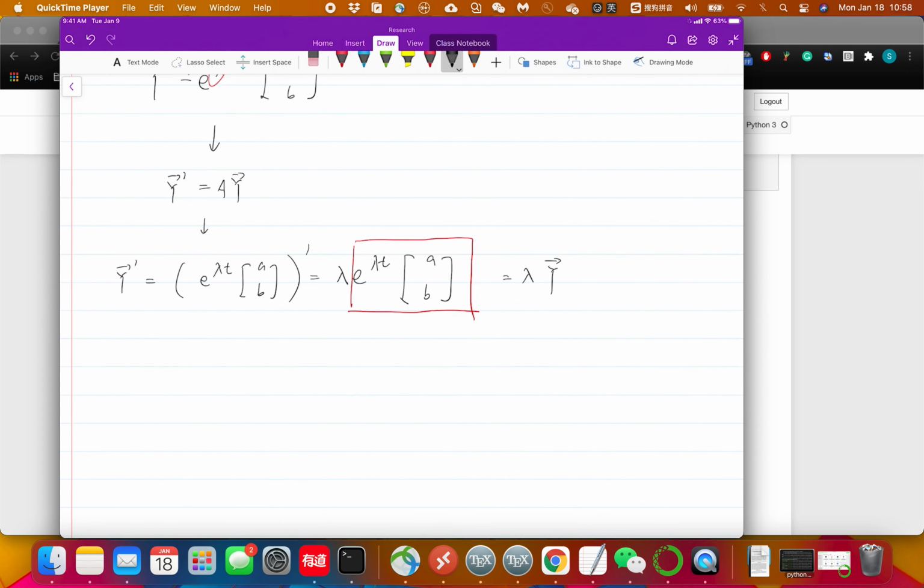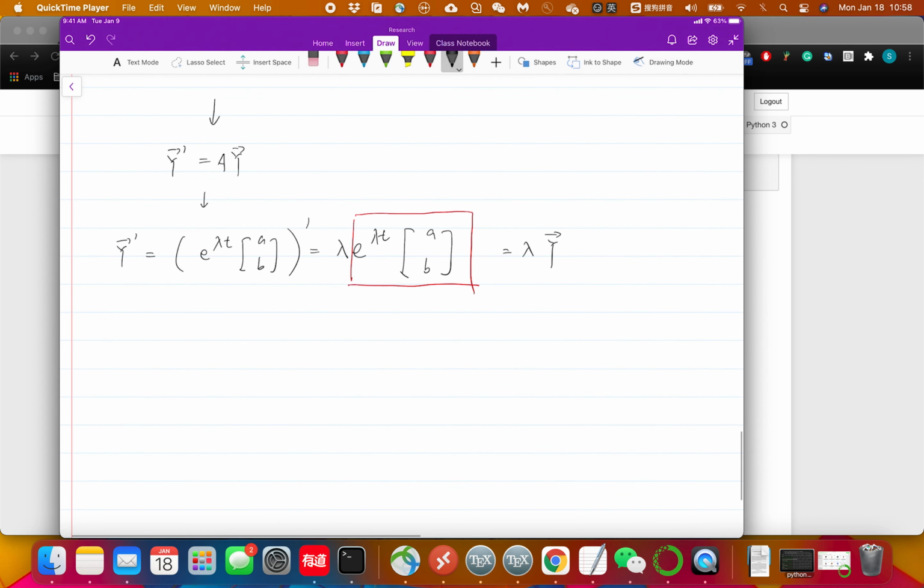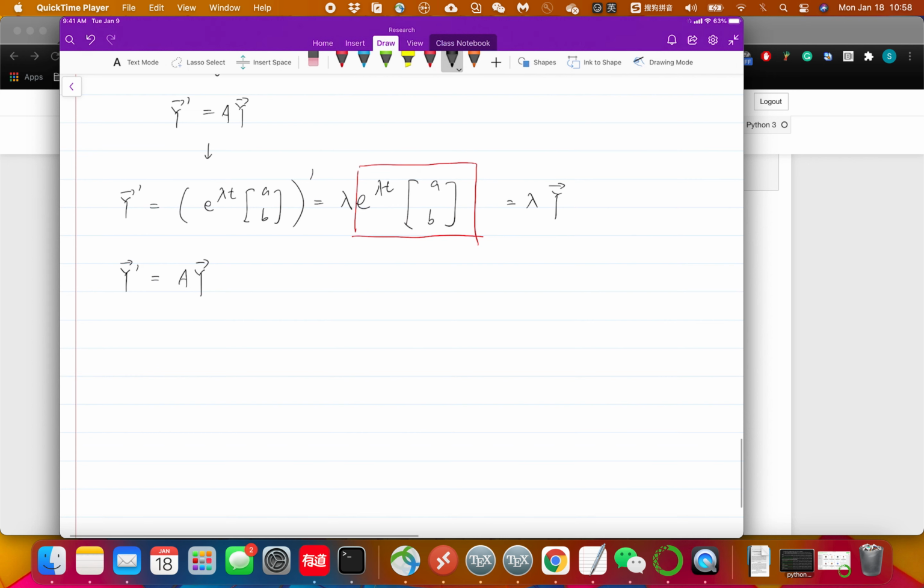Okay, so this looks very much like the one-dimensional case. Meanwhile, what does your y prime equal? It equals Ay, so it will satisfy the ODE. Therefore, what are you looking for?